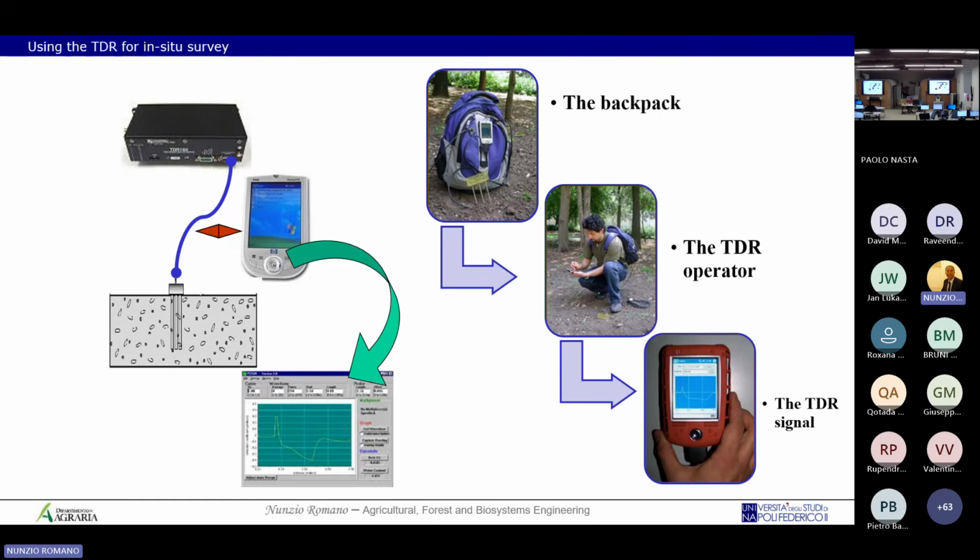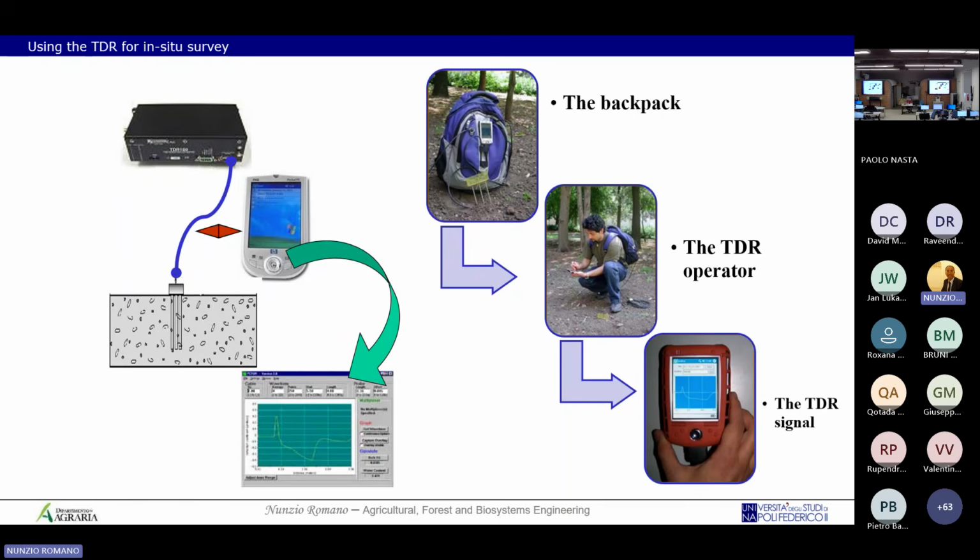Then going back after the hard day's work in the field, back in the lab, he downloads all the waveforms, analyzes them, and obtains the permittivity, and then using the calibration, the universal calibration, the Topp calibration, or the local calibration, you obtain the soil water content.